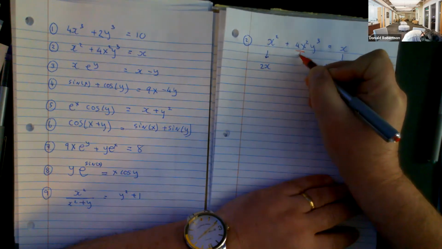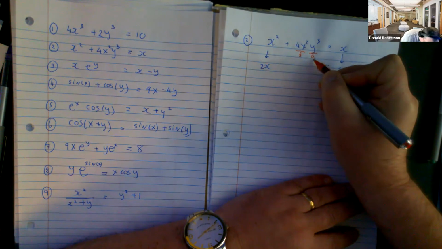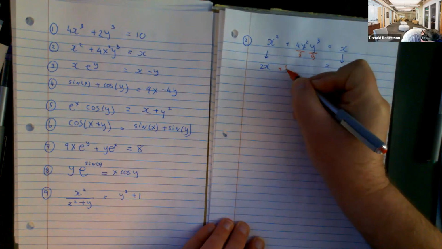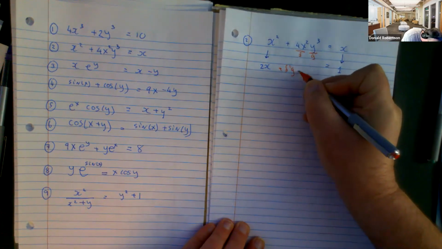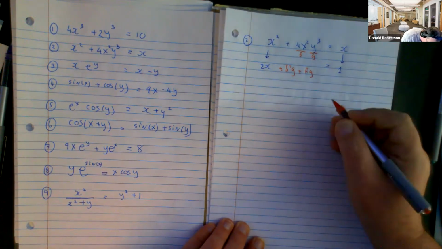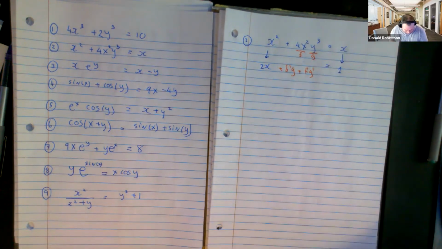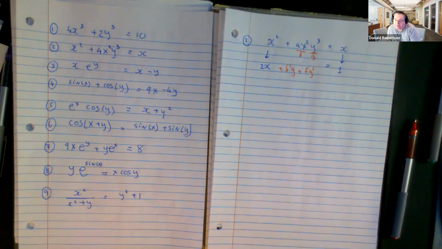That guy's f and that guy's g. That means that if I want to differentiate this, I'm going to have to do the product rule. Does that seem reasonable? Since it's a product, aren't you going to have to use the product rule?